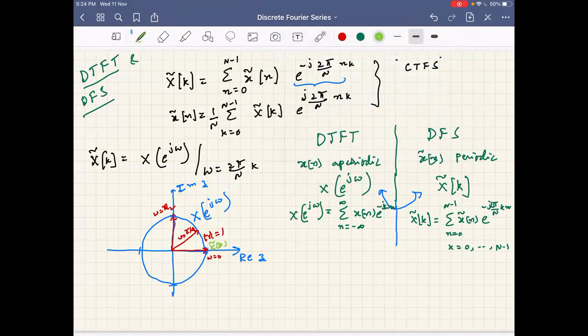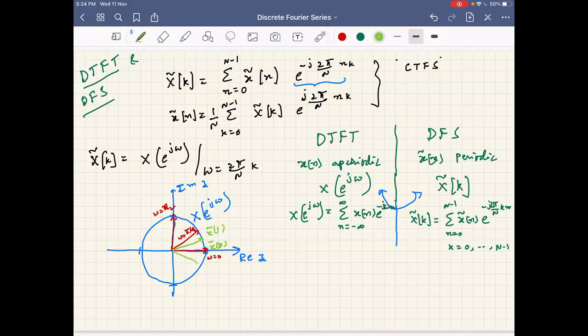Okay, if we take N minus 1, depending upon N, or X tilde of 1, like this.